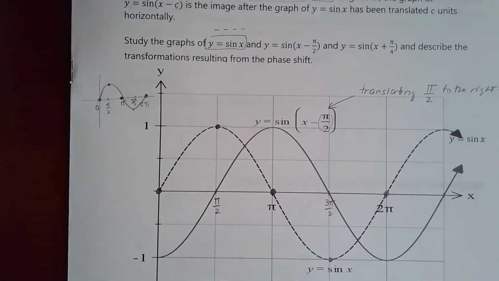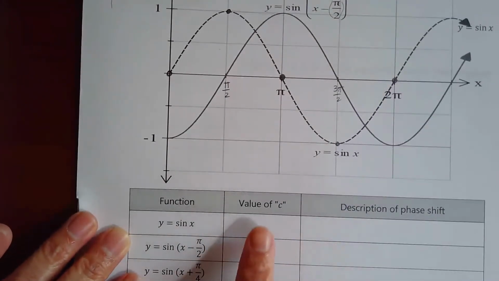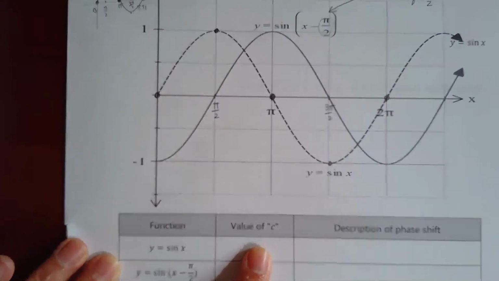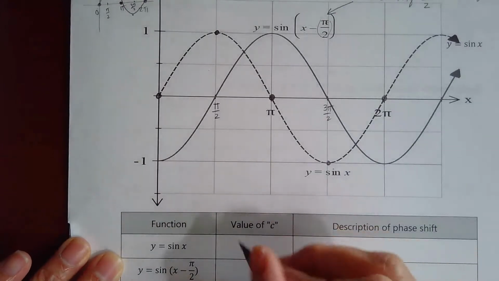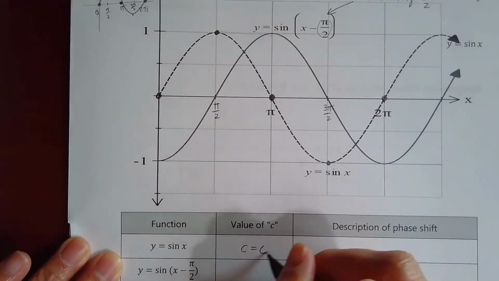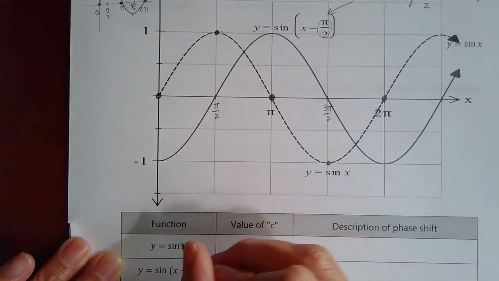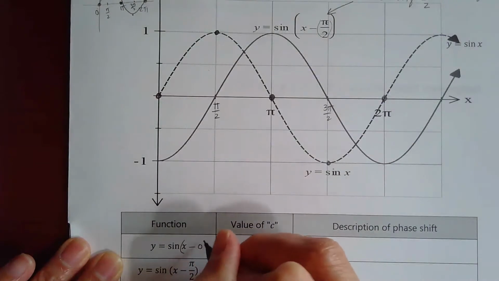So let's see what it would look like. The value of c in this case is going to be 0. So y equals sine of x. There's no c value, so c equals 0. If you want, we can write it like x minus 0.